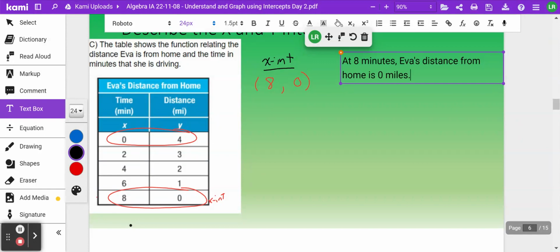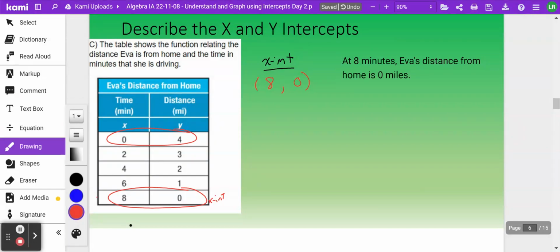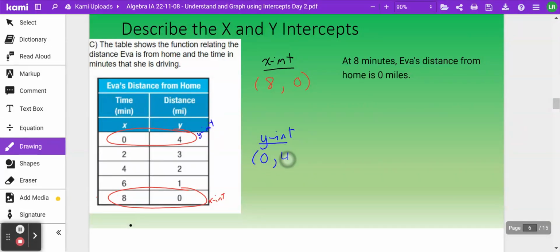So she's at home. Okay? If her distance from home is 0 miles, Eva's at home. Our y-intercept would then be this one, because the x has to be 0, so (0, 4). Right?